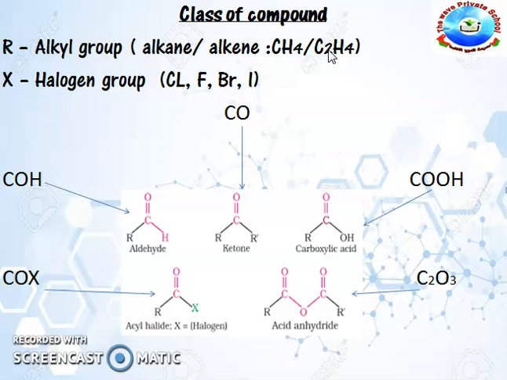The shortcut or symbol used is R, and for X they use a halogen group, that is Cl, F, Br and I, that is chlorine, fluorine, bromine and iodine. Got it? Now let us see the class of compound.